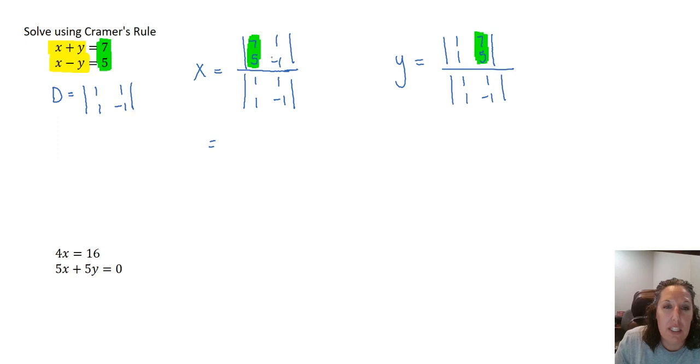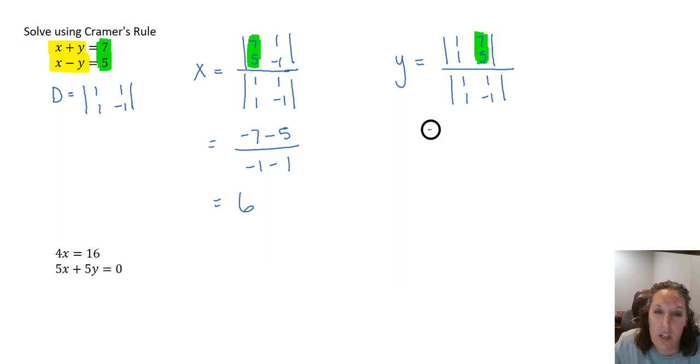Let's see, 7 times negative 1 is negative 7, minus 5 times 1 is 5. In the denominator, we're going to get 1 times negative 1, or negative 1, minus 1 times 1, which is 1. So that's going to be a negative 12 over a negative 2, which gives us 6 for our x coordinate.